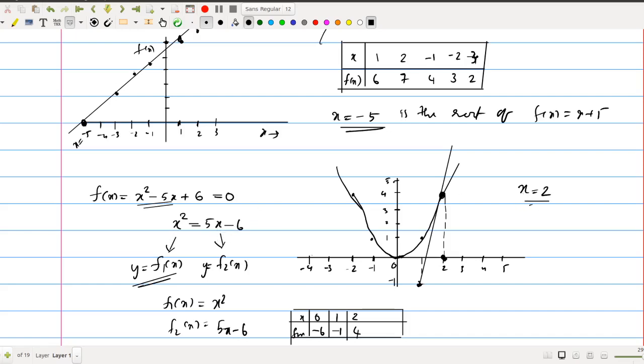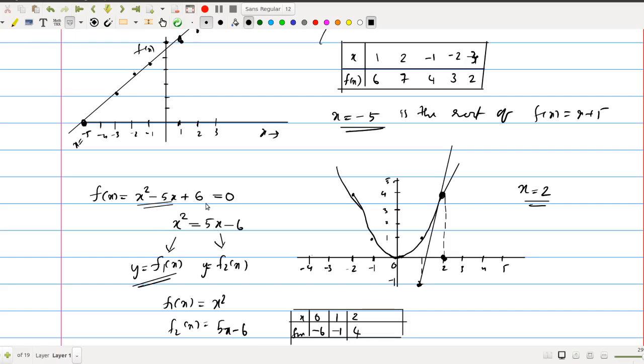So this abscissa. Okay, if you are dealing with two such functions, then the point of intersection of the graphs of those two functions will give the abscissa of that. Abscissa of the point of intersection means x value. The x value of the point of intersection of these two functions will give the root of the equation x square minus 5x plus 6.